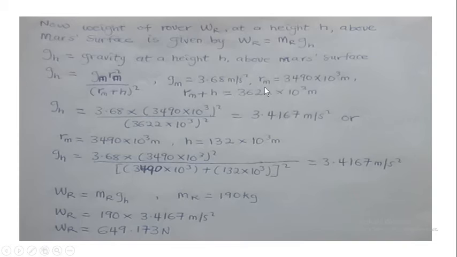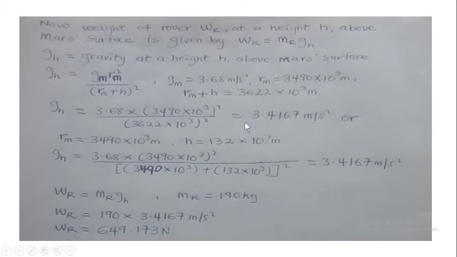And so you carefully slot in these values into this formula, and then you get this expression: 3.68 times 3,490 times 10 exponent 3 all squared all over 3,622 times 10 exponent 3 all squared.